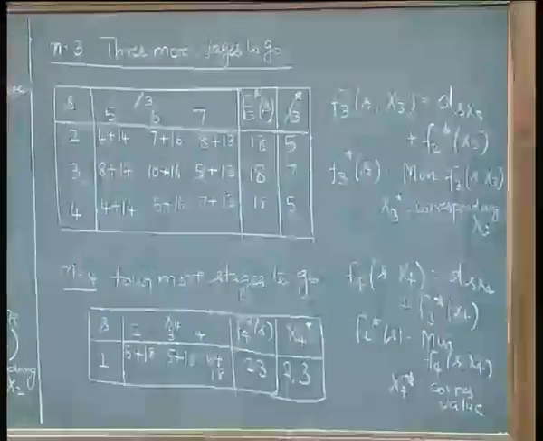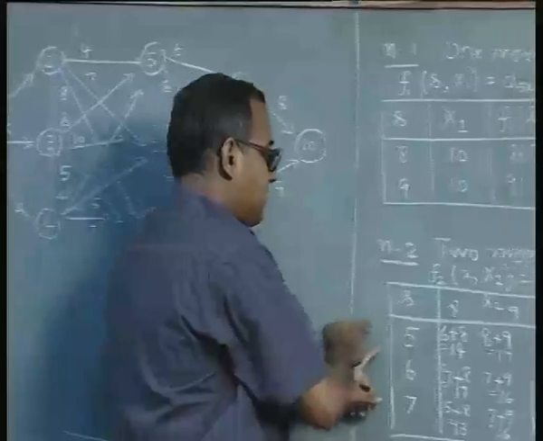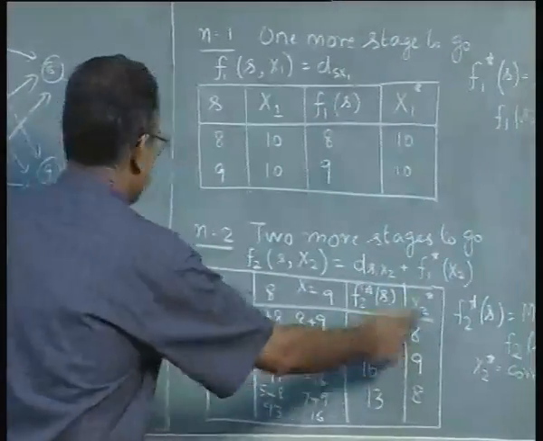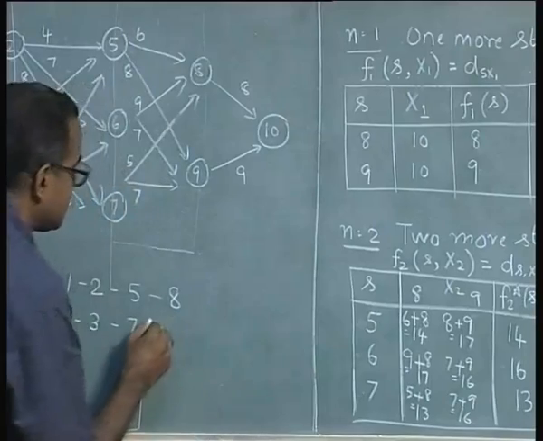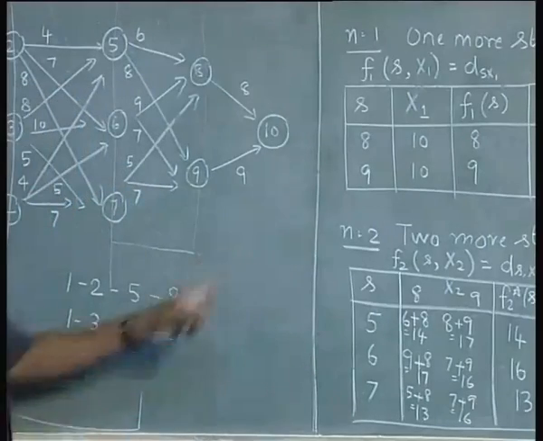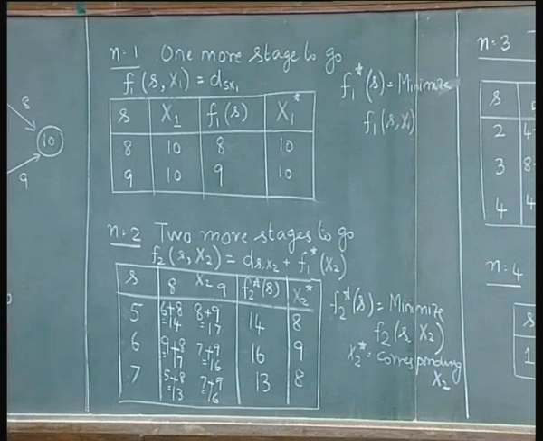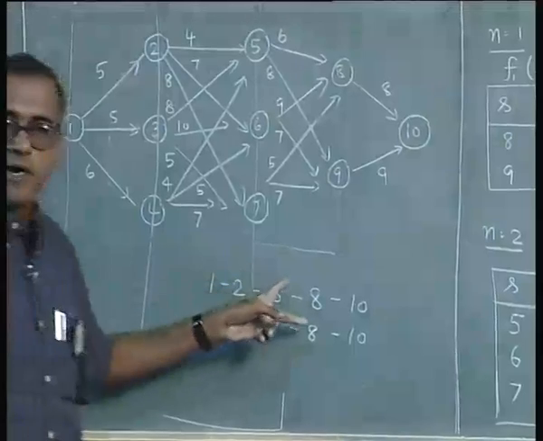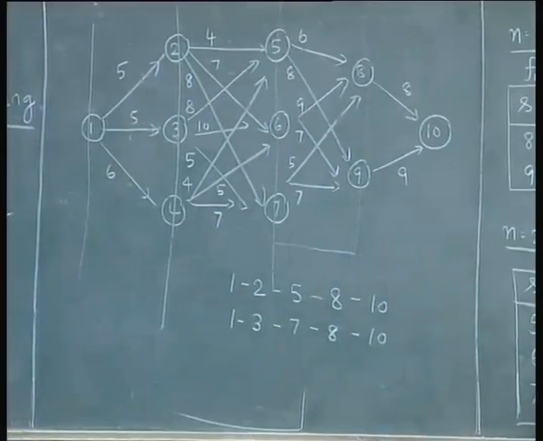So 1 to 2, 2 to 5, 1 to 3, 3 to 7. This table will tell you, if you are in 5, the next destination is 8, if you are in 7, the next destination is 8, and this table will tell you, if you are in 8, the next destination is 10. So there are 2 paths here which are the shortest paths, which have a total distance of 23.